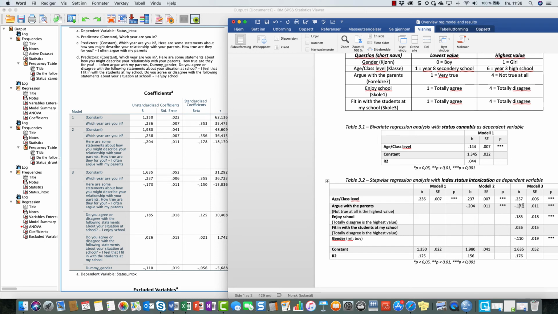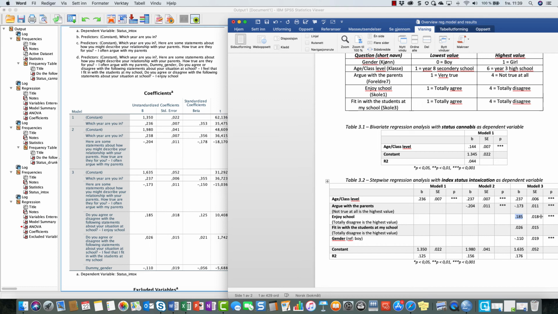But anyway, to interpret the enjoy school variable, given the fact that totally disagree is the highest value, as you go one scale unit up on enjoy school, meaning you don't enjoy school that much, the value on the index status intoxication goes up by 0.185 scale units.